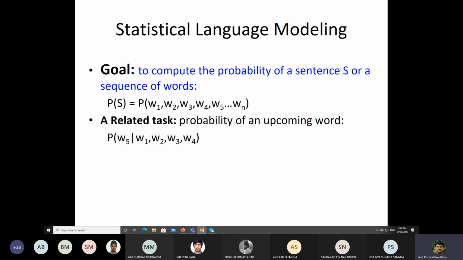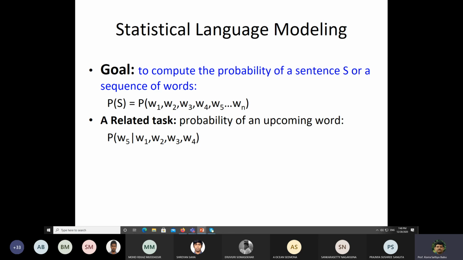It means what is the probability that this word W5 will occur after W1, W2, W3, W4. After this particular sequence of words, what is the probability that W5 will occur?